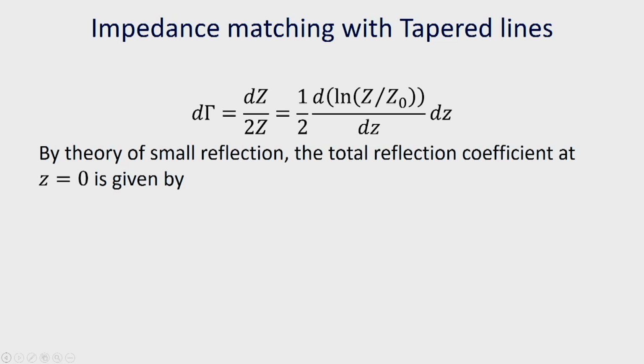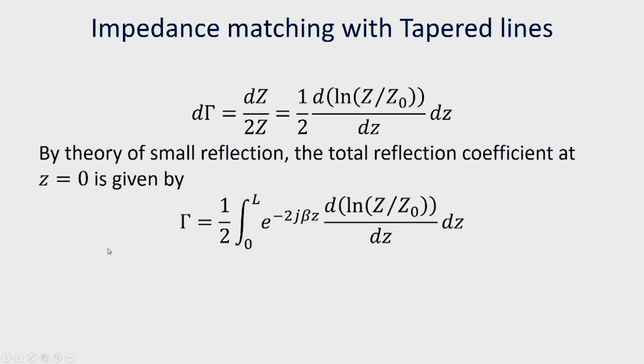Now, the total reflection coefficient at Z is equal to 0, that means at the input of the tapered line, is given by gamma is equal to half integration 0 to L e to the power minus 2 j beta Z. This is the phase shift, and d of log of capital Z by Z naught by d Z into d Z. Now, this gives the overall reflection coefficient at the input of the tapered line.